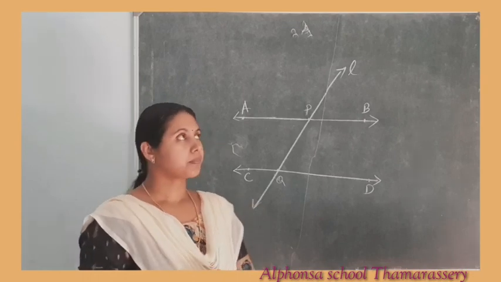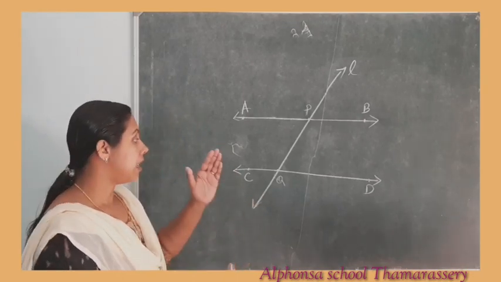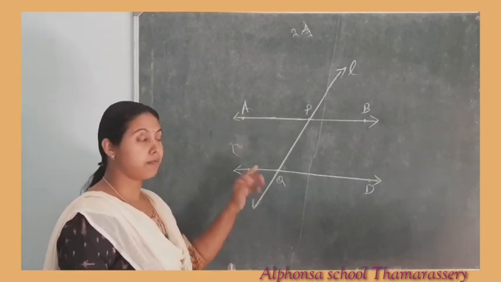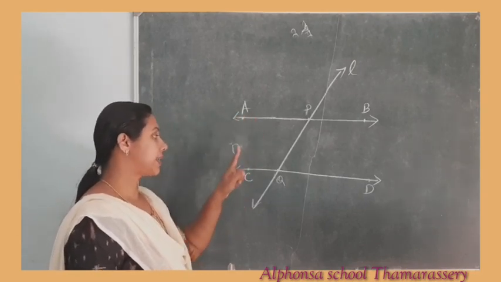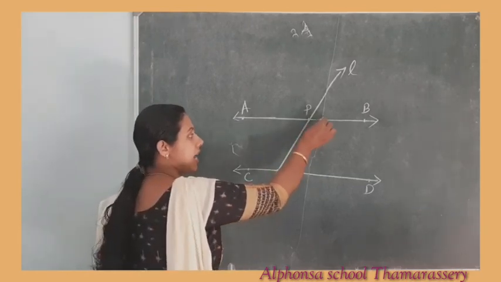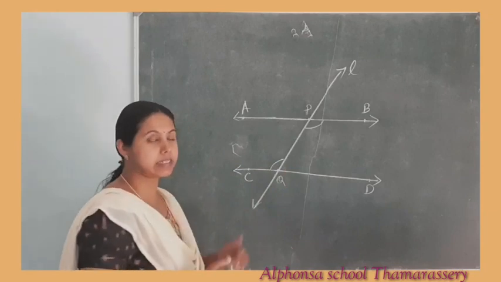So here we want to prove that if a transversal cuts two lines, not parallel lines, just simple lines AB and CD, such that a pair of alternate interior angles is equal, it's given for you.